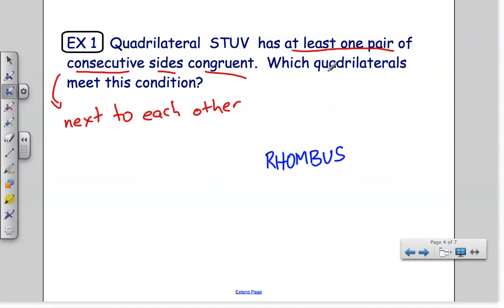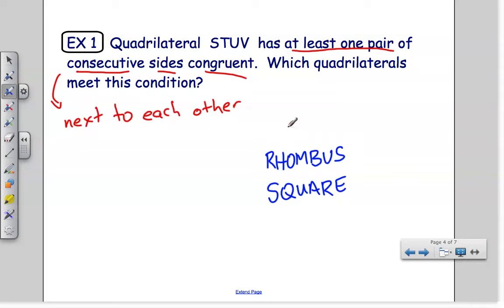What about a rectangle? Are any sides next to each other congruent? Not necessarily. Opposite sides are congruent, probably not the ones next to each other. What about a square? Oh yeah, well a square is a rhombus, so if it works for a rhombus, it better work for a square. All the sides are congruent. So yeah, consecutive sides would be. Trapezoid? Are consecutive sides congruent? Probably not.